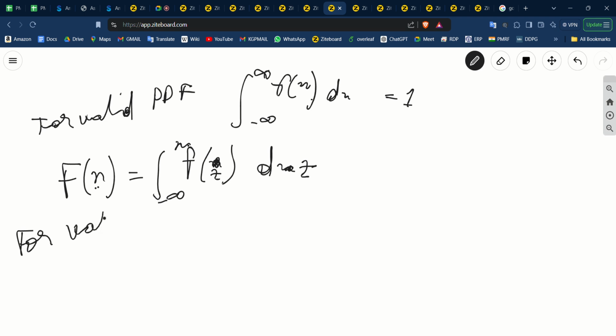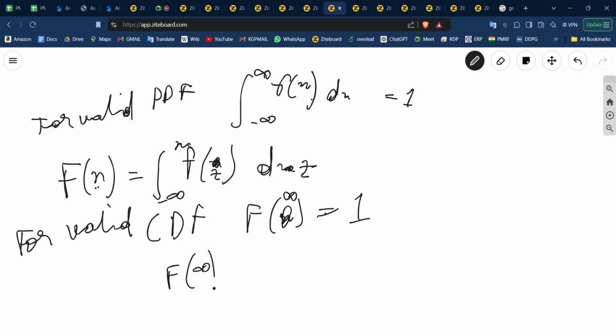For valid CDF Fx, F infinity should be equal to 1. Why? Because what is F infinity?